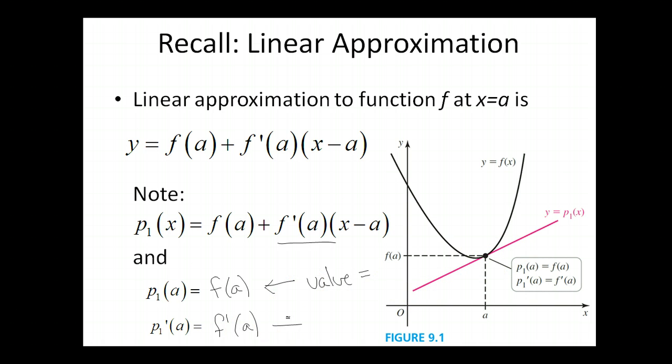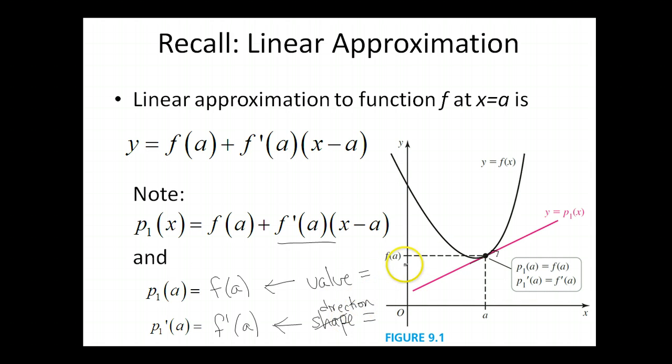So what this means is that the line and the function agree in terms of shape or direction. Their direction is the same at a. They are both headed in this upwards to the right direction at a. So they agree in both value and direction, which would be better to say than shape.